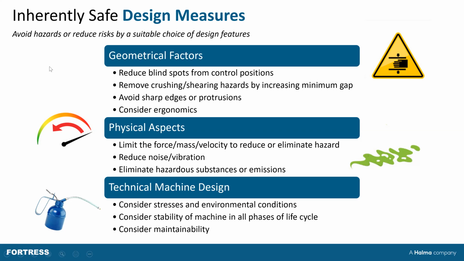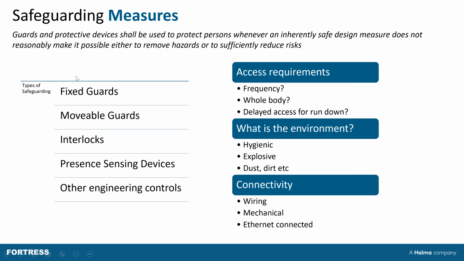And then if you can't, that's when you start looking at safeguarding measures. There's a variety of different things that come under safeguarding measures. The most obvious are going to be your fixed guards, which I'm a big advocate of, trying to make things as least complicated as possible. If you don't need to get in somewhere, just chuck a fixed guard on it, but we'll discuss that in a little bit.